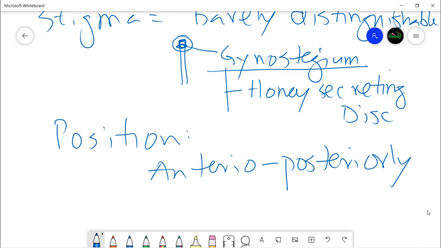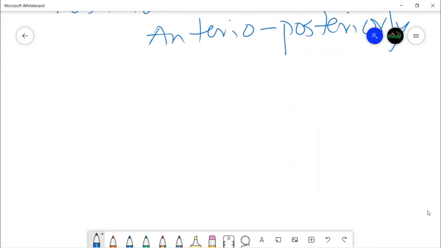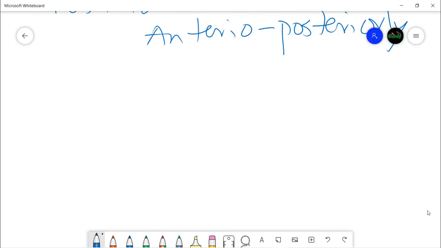According to that, its location is towards the anterior posterior part of the flower, and we are going to discuss it when we discuss the floral diagram in general and of the family Apiaceae. So this was the discussion of the ovary or gynoecium, the final floral part of family Apiaceae.